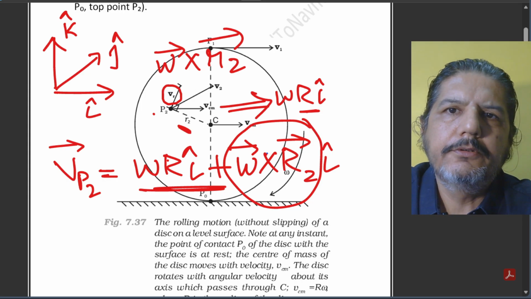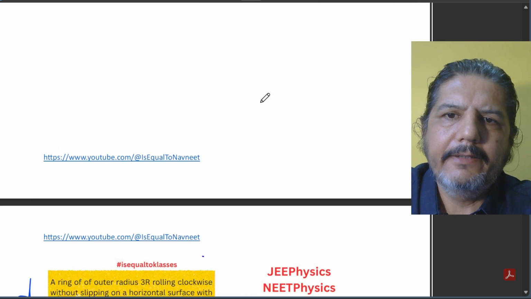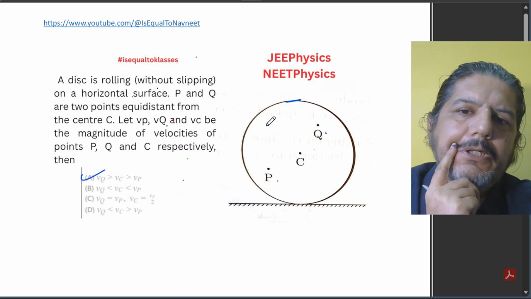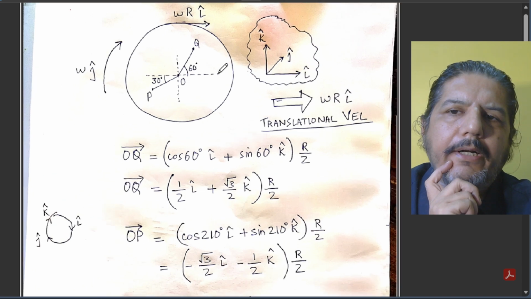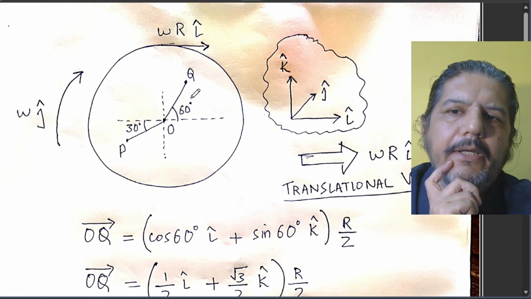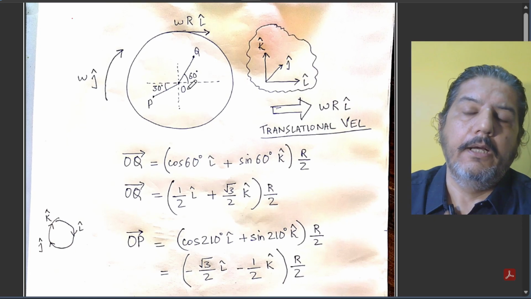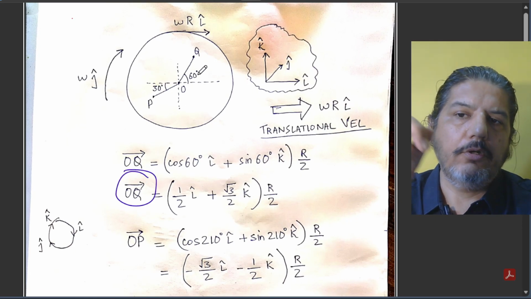In one of the questions I have done, I discussed this in detail. So, for example, in this question, I'll put the link also. I had defined the point. This is how I defined the points, P and Q. So I actually calculated the position vector of OQ.